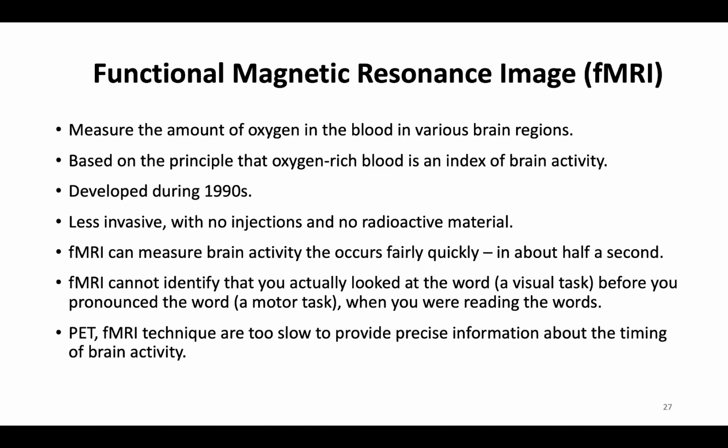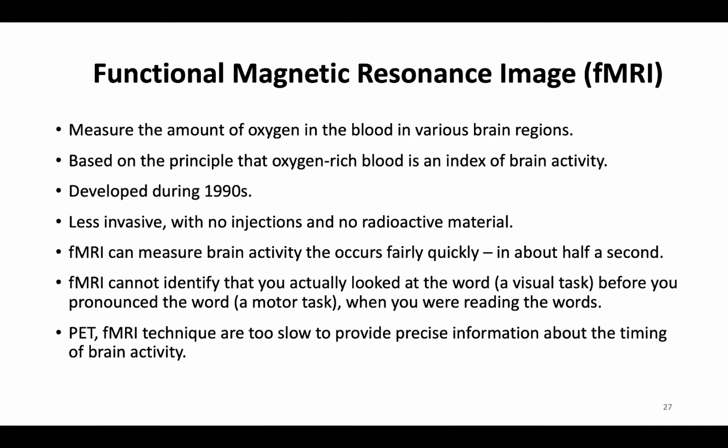So certain regions of the brain requiring a high concentration of oxygen means that brain region is highly activated for certain cognitive tasks. This technique was developed during the 1990s.